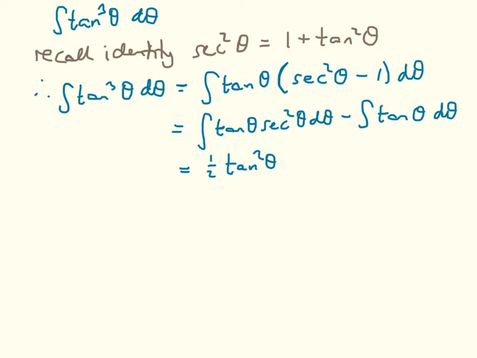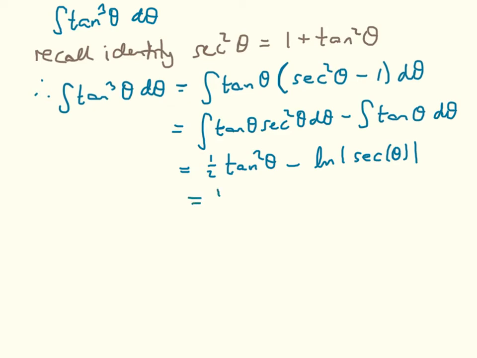And then we have minus the integral of the tangent function, and the integral of the tangent is one that we should know, and it is the logarithm of the secant function. And because we have a minus sign here in front, I would tend to take the minus sign into here and use this therefore as plus the log of 1 over sec, and 1 over sec is of course cosine.